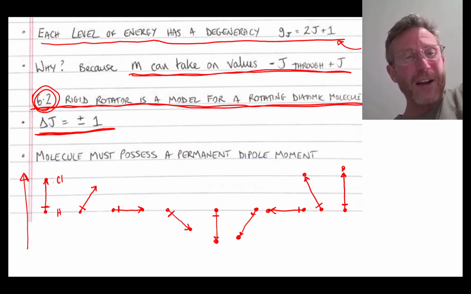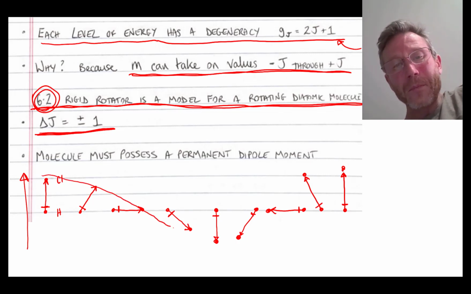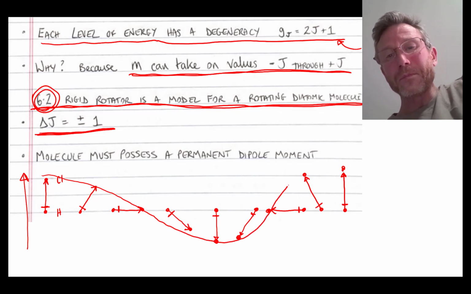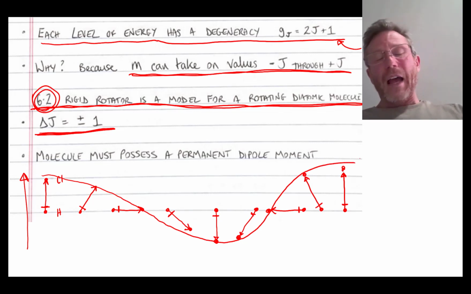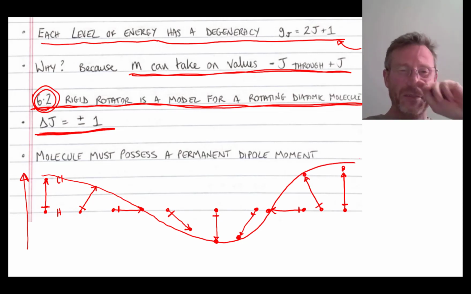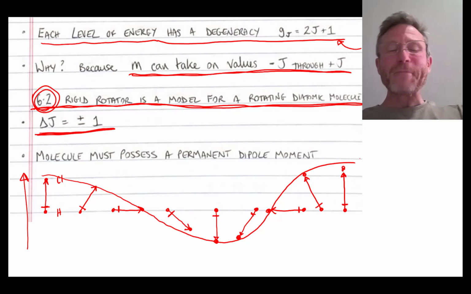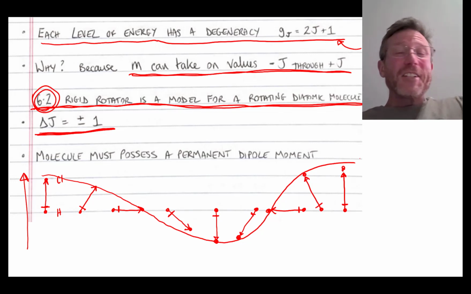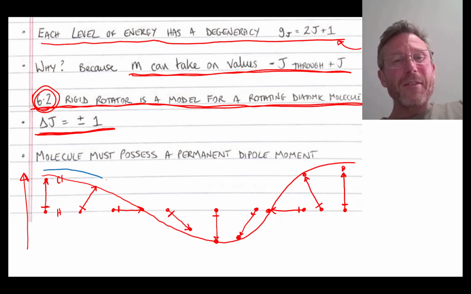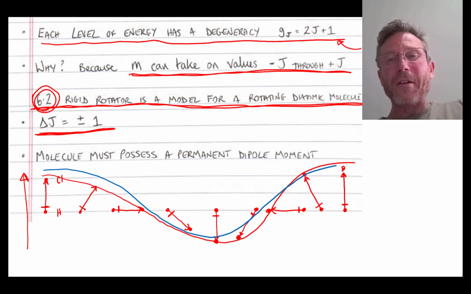what we can trace out in here is what looks like a sine wave. It's supposed to look like a sine wave, and so when we have our sine wave like this, this is effectively a rotation of the permanent dipole moment that starts to look more or less identical to the sine wave that we observe with electromagnetic radiation, right?